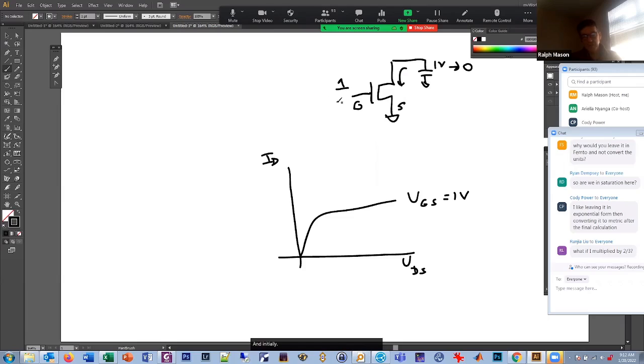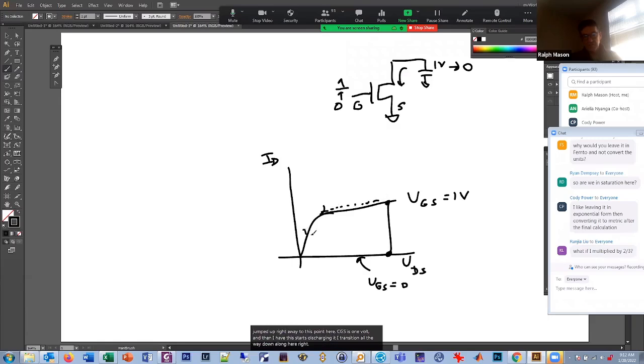Initially, I had to go from 0 to 1 to turn it on. When I was at 0, VGS equals 0 is just the x-axis. Then the gate went up to 1 volt, so I jumped right away to this point here. And then as it starts discharging, I transition all the way down along here.